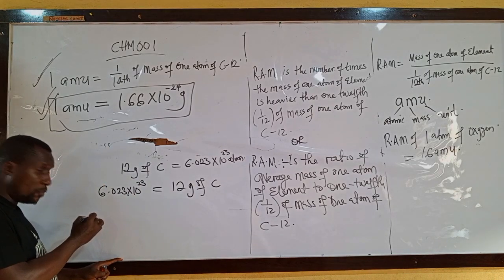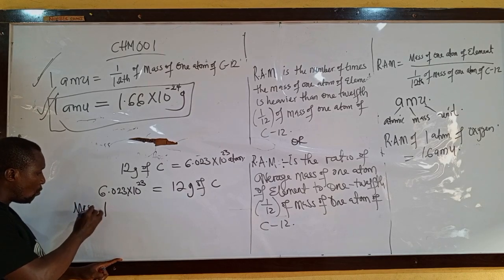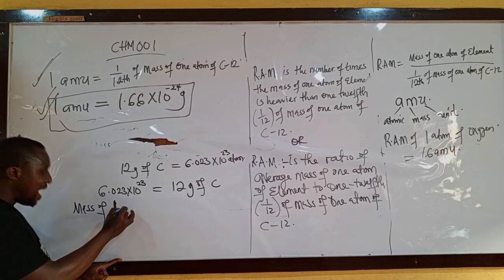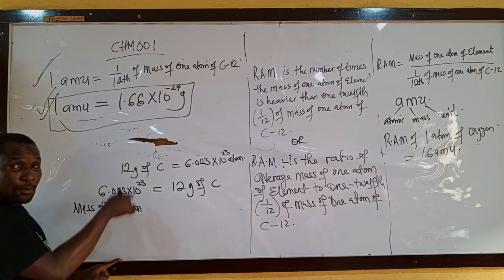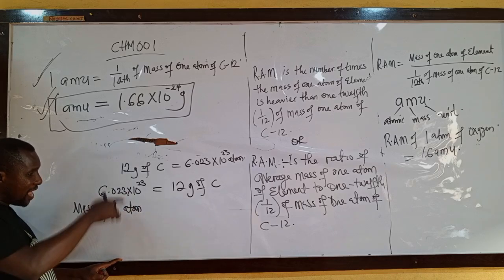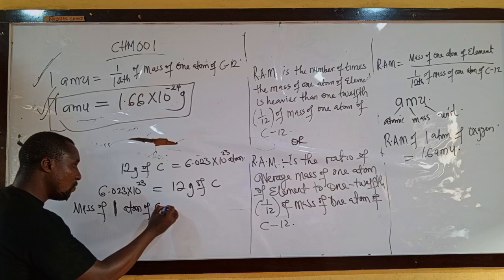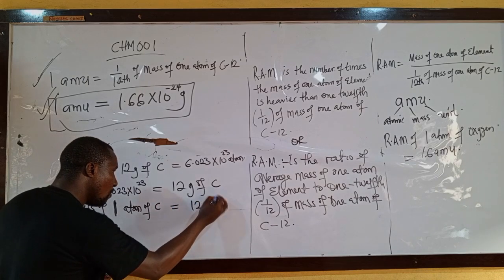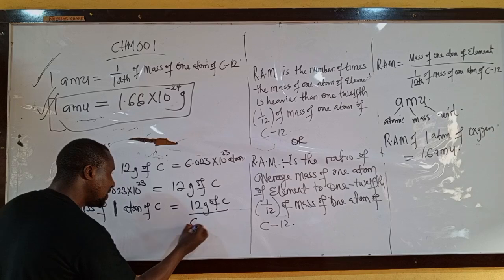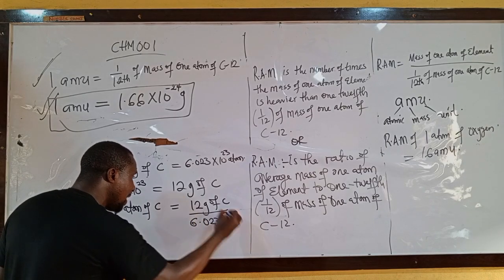Then, how many grams will be found in one atom? What will now be the mass of one atom of carbon 12? The mass of one atom of carbon 12 will be 12 grams of carbon over 6.023 times 10 raised to power 23 atoms.